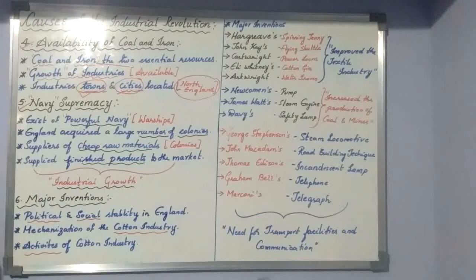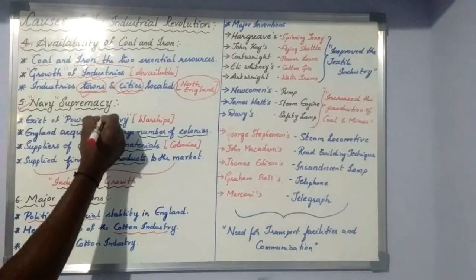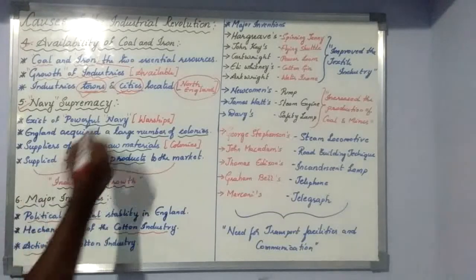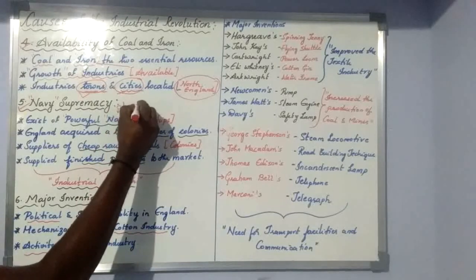That is what Navy supremacy is. So England thought that having a presence of Navy could make England be called the strongest nation.